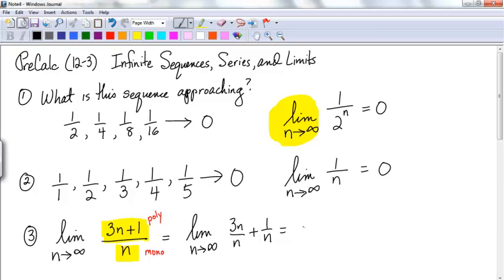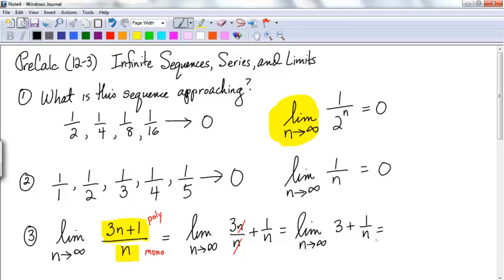Then reduce it. If you reduce, the n's would divide out. And then it would be the limit as n goes to infinity of 3 plus 1 over n.